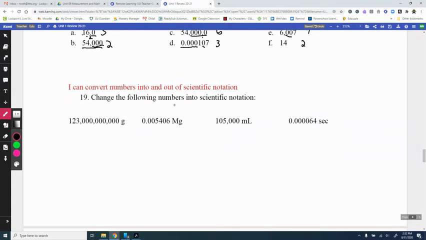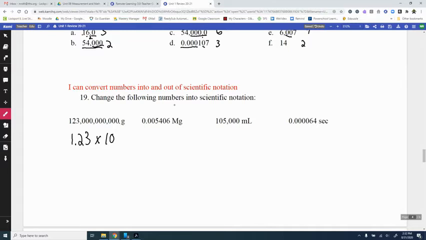All right. Next, we are changing numbers into scientific notation. Remember, for scientific notation, you have to move the decimal so that it's after the first non-zero digit. In this first one, 123 billion, the first non-zero digit is the 1. So 1.23 times 10. Now we have to figure out how many places we move the decimal.